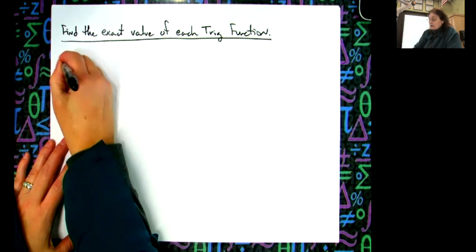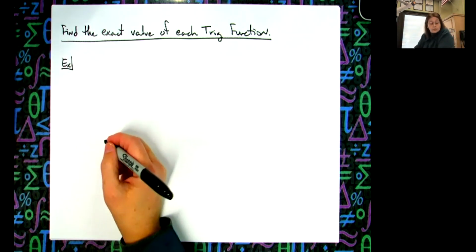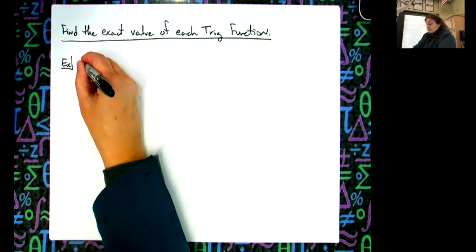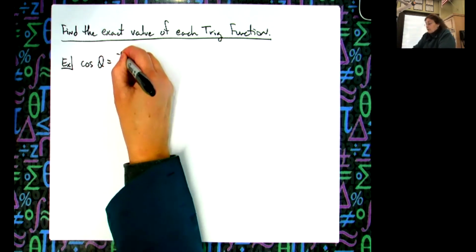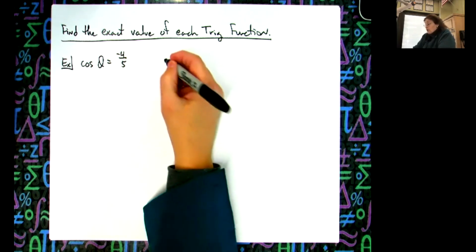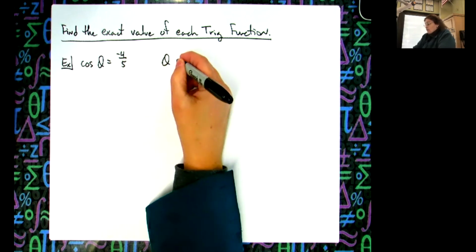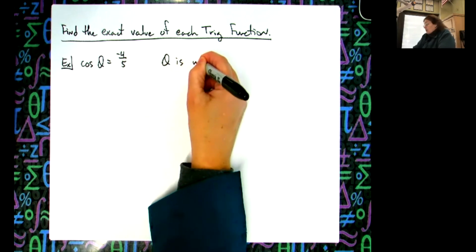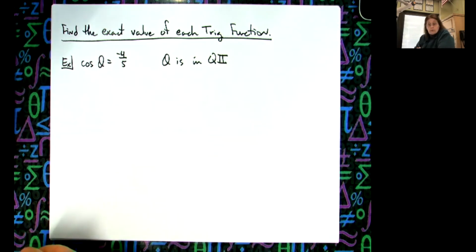And then what they're going to do is tell you that maybe cosine of theta is equal to -4/5. And then they're going to give you a clue. So the clue could be anything, but they're going to tell you maybe theta is in quadrant 2. They could be as straightforward as that for the clue.